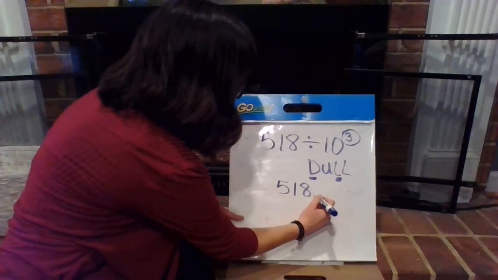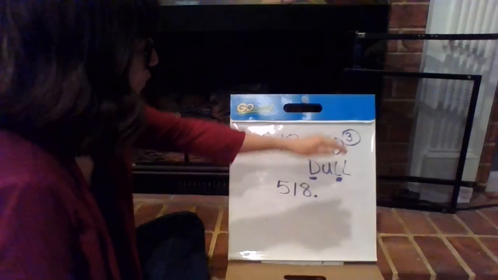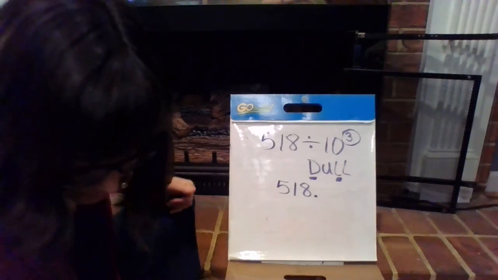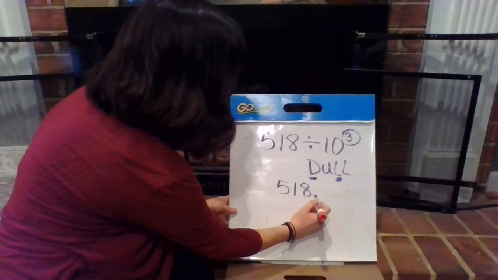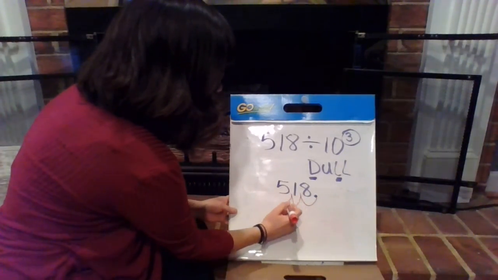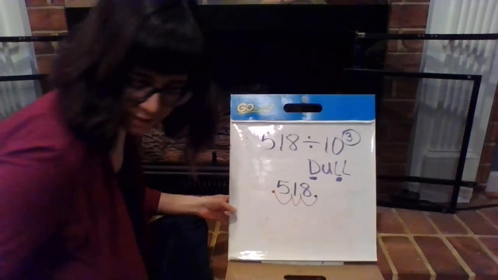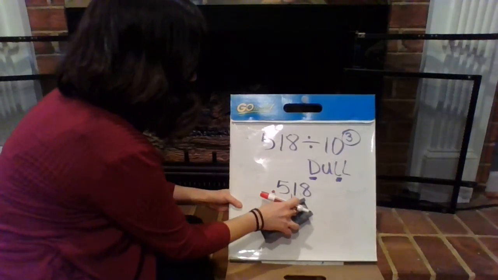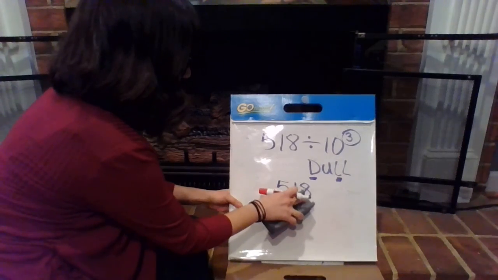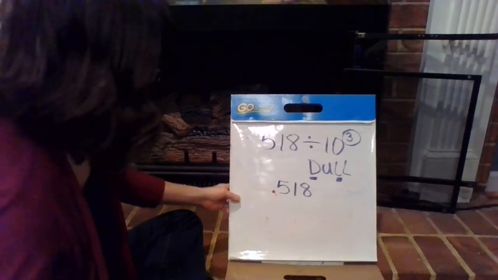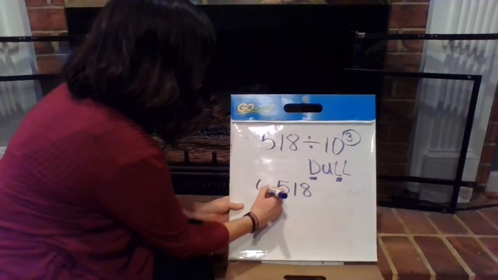So I'm going to start my decimal here, and then I'm going to move 3 places to the left. Again, I'm going between the numbers. So here's my new decimal, and of course I could put a 0 just to represent the whole numbers.